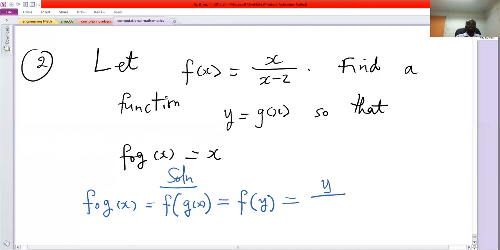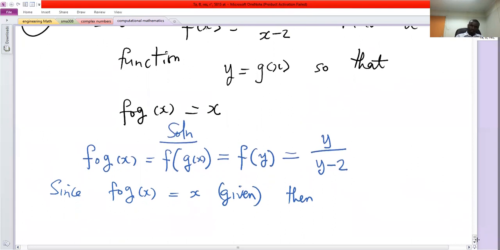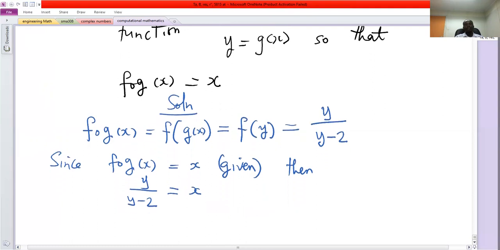It will take y, divide by y minus 2. Then since f composed with g of x equals x, this is already given, then what we are getting here, y over y minus 2, must be the same as x. So the work is just to make y the subject, and then we get the function g of x.